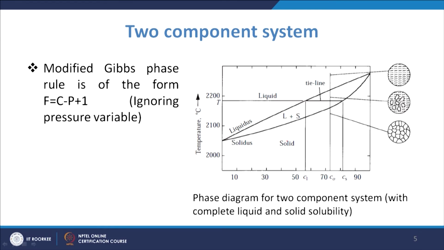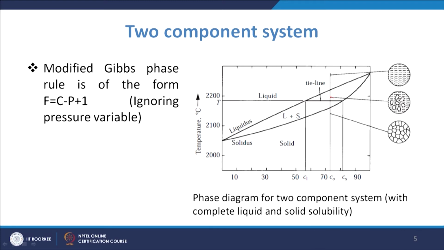Now, what is clear from this is that when you are decreasing the temperature from this point, at this point the whole domain is liquid. When you come to this zone, this is the liquidus line and this is the solidus line. The solidus line separates the solid part from the liquid plus solid zone, and the liquidus line separates the liquid part from the liquid plus solid zone.